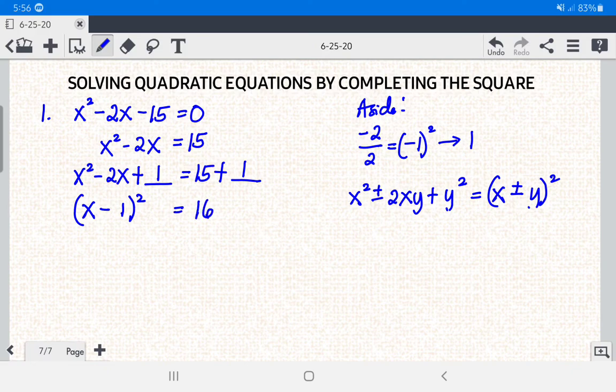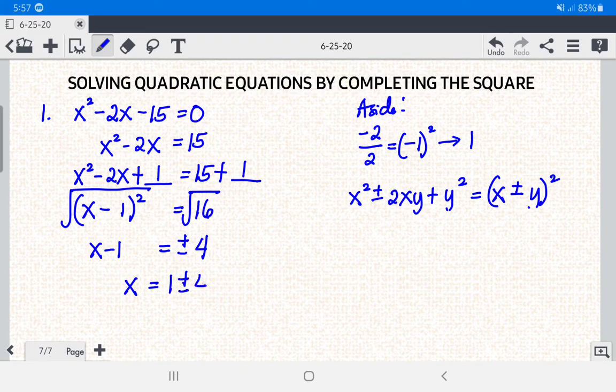Next, we're going to use the square root property. Get the square root of both sides. So we have x minus 1 equals the square root of 16, which is positive or negative 4. Then add 1 on both sides of the equation to get the value of x. So x is equal to 1 plus or minus 4.